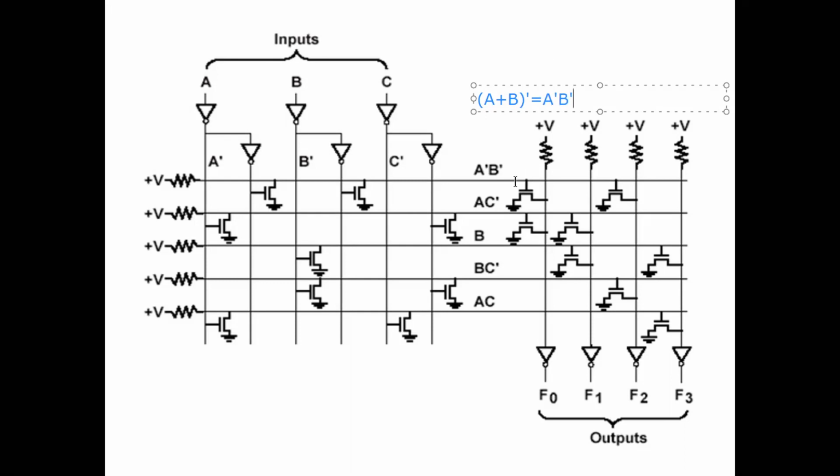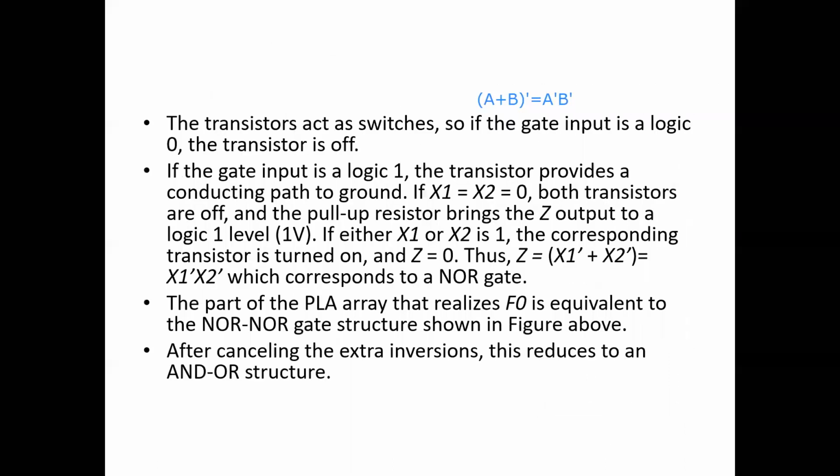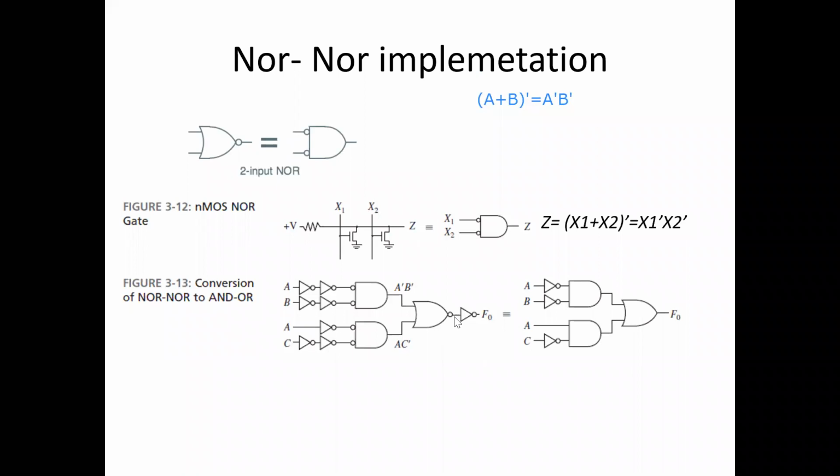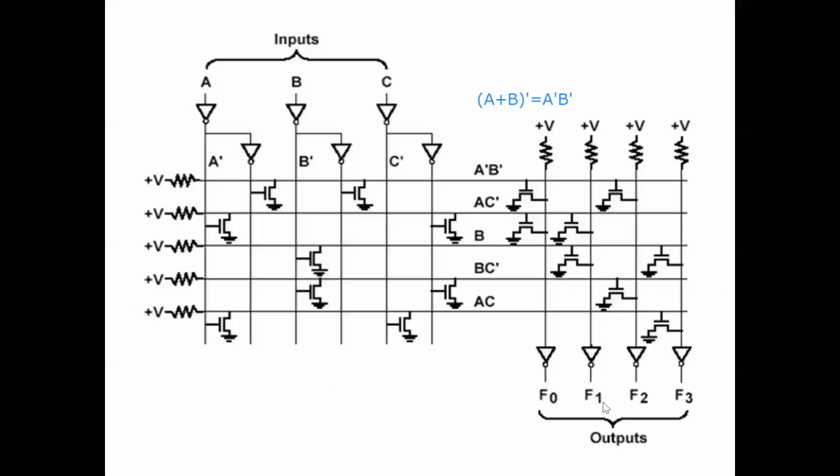So that is what we have got here. Similarly, it is going to be the same for the second line also, and that is passed to the OR. If you remember, finally it has to go through an inverter to get the final output F naught. So this is a PLA implementation using NOR logic.